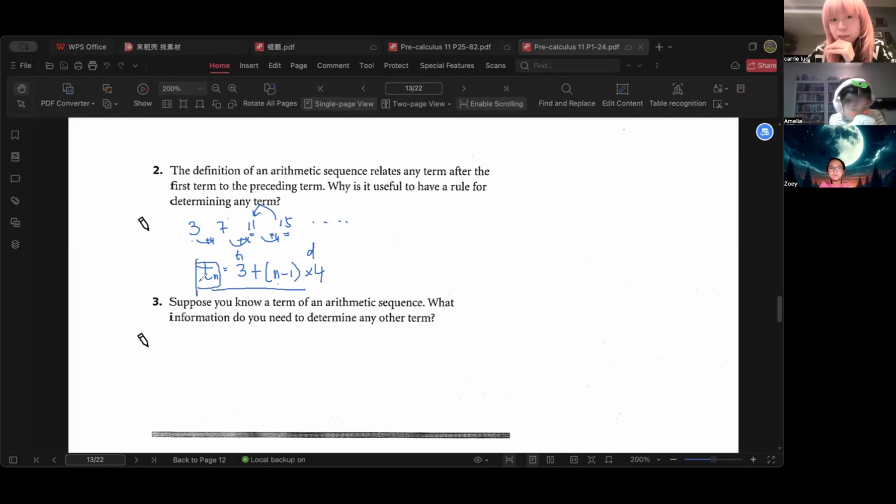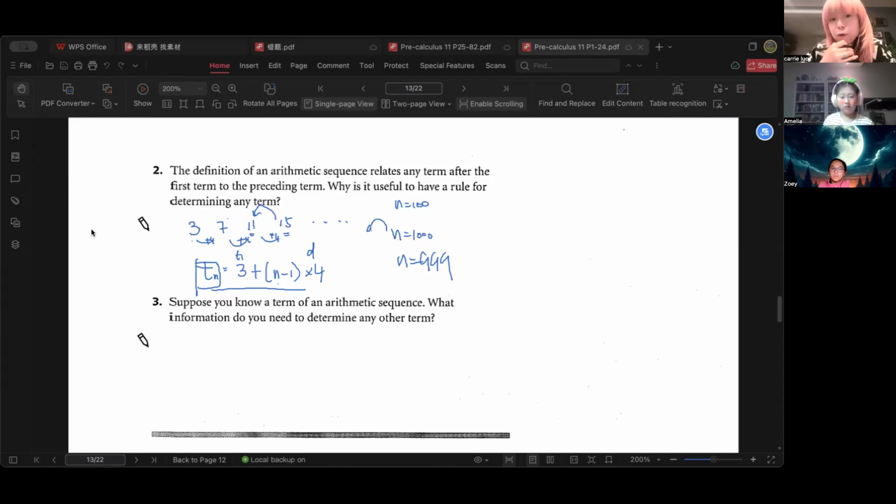I can target any term, no matter if n equals 100 or n equals 1000. Get it? So the 1000th term is not based on the 999th. If you always base it on the earlier term, you need to find every single term to determine the next one. That is too much calculation. Instead, I want to use the first term and determine any later term.